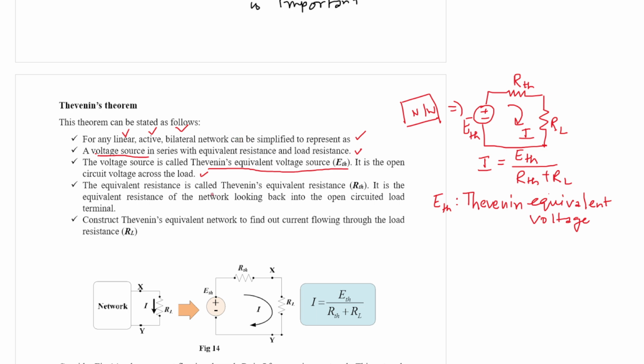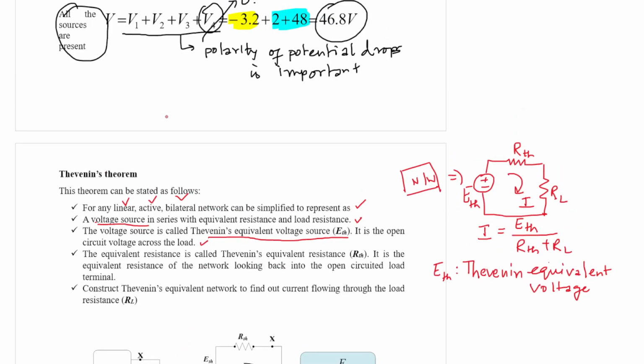open circuit voltage. For an example, suppose we have a network like this. Let us say this is V1, we have R1, we have R2, we have R, and we have a current source I1.